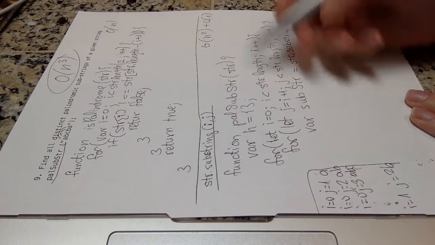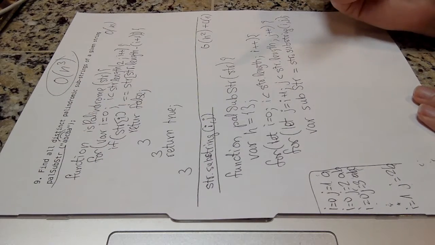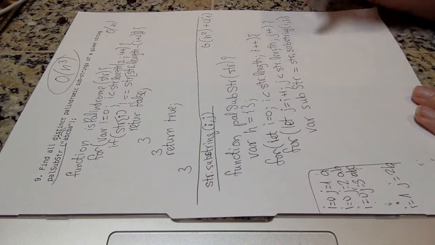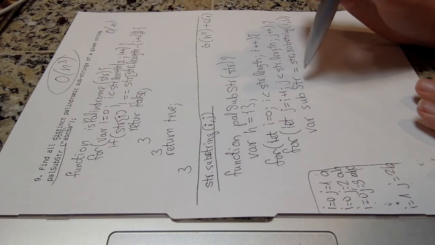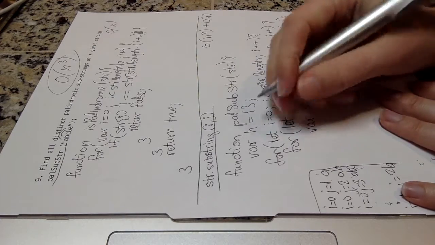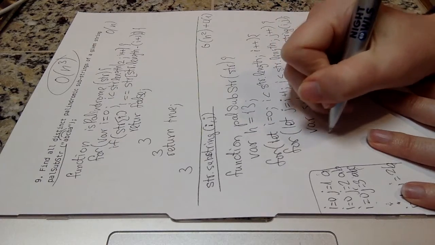So now when I have this substring with all possible substrings, I'm not going to save it as it is. I will save only the palindromic substrings.